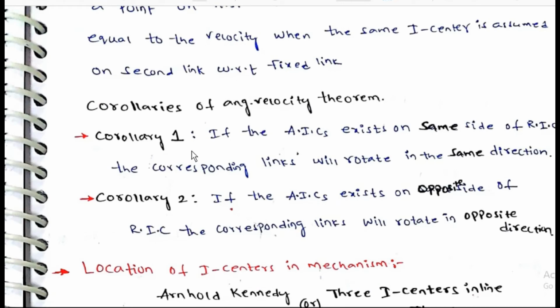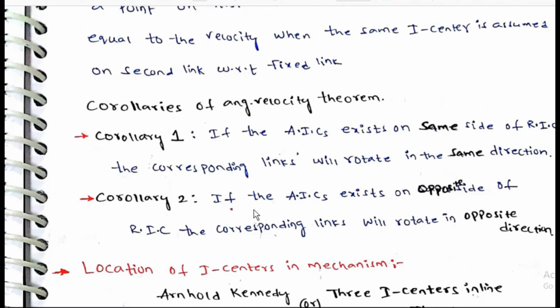Corollaries. Corollary 1: if the absolute I-centers exist on the same side of the relative I-center, then the corresponding links will rotate in the same direction.